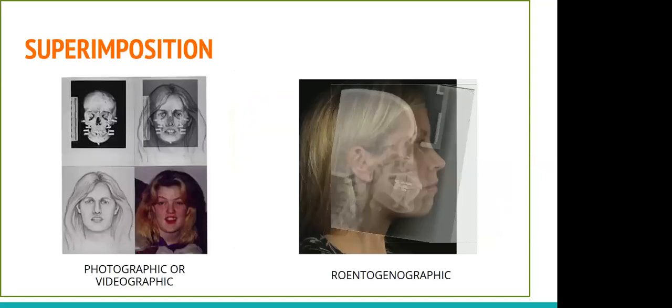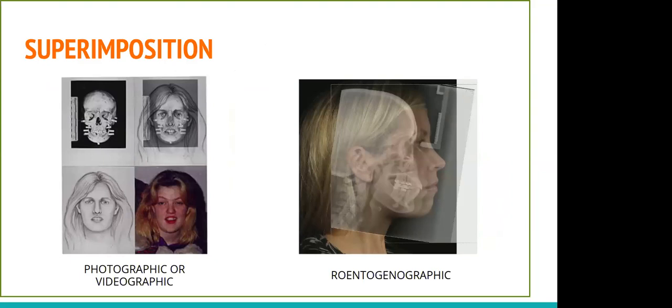The next method which was developed was superimposition. Superimposition is of three types. It is where you use the picture of the individual and the questioned skull or dead body, and you superimpose their images to verify the identity of the individual.